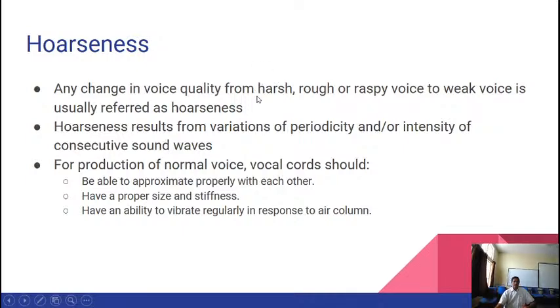Now with hoarseness, the voice quality becomes harsh and rough, and sometimes it's so weak. That is called hoarseness of the voice, and this results from variation of periodicity and intensity of consecutive sound waves that are produced during vocalization.